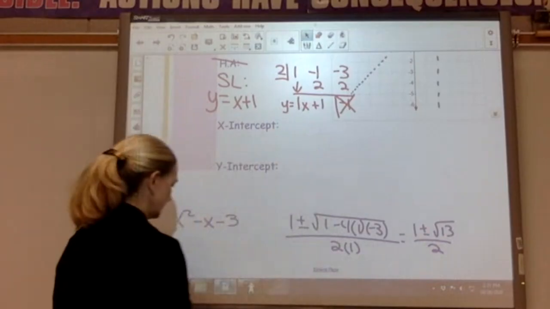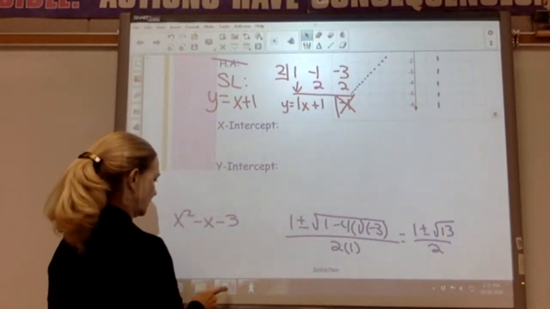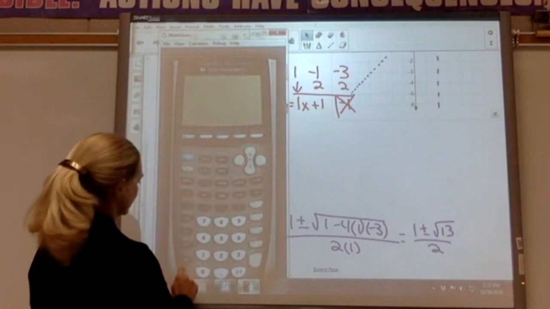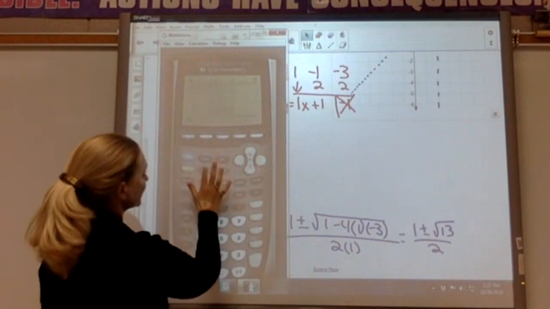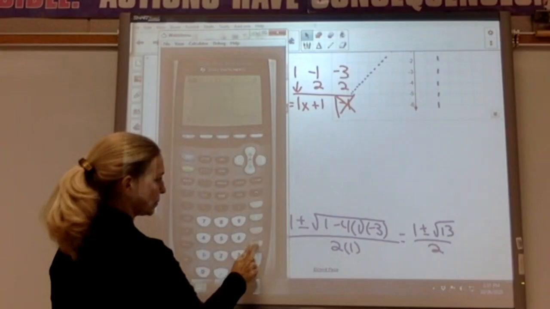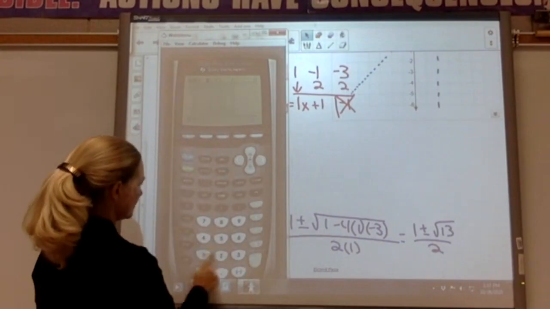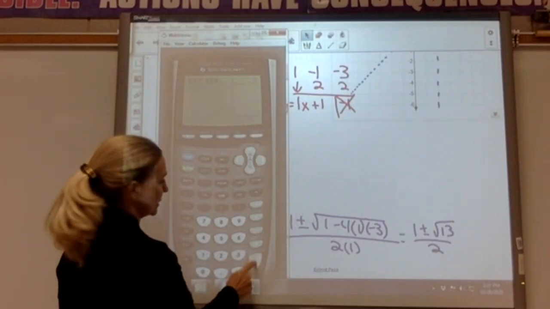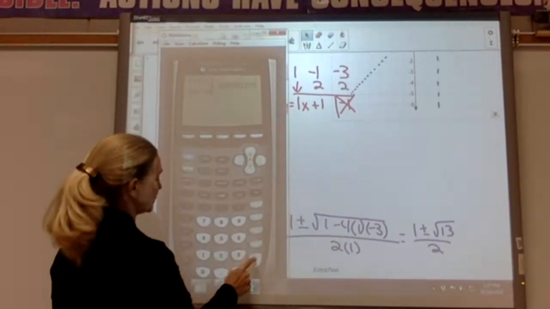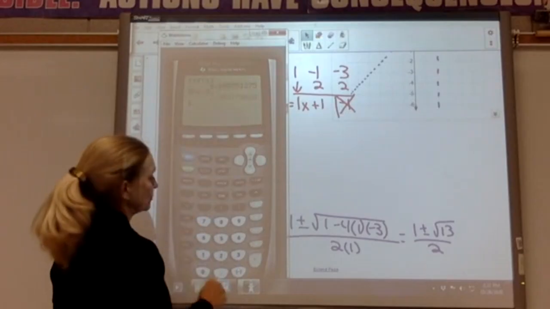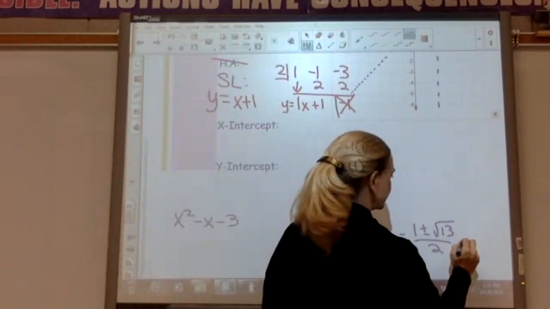All right, let me see what this is. If I do 1 plus square root of 13, enter, divided by 2, enter, this gives me 2.3 rounded.